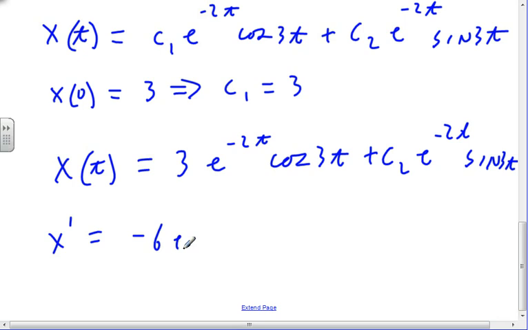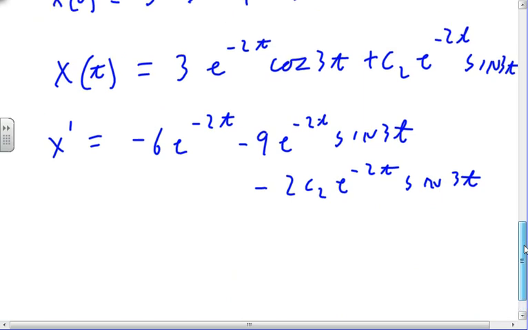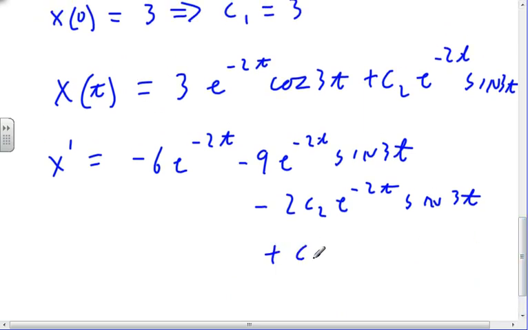Minus 6 e to the minus 2t cosine 3t minus 9 e to the minus 2t sine 3t minus 2 c2 e to the minus 2t sine 3t plus 3 c2 e to the minus 2t cosine 3t. Oh, I'm just so happy that I did that.